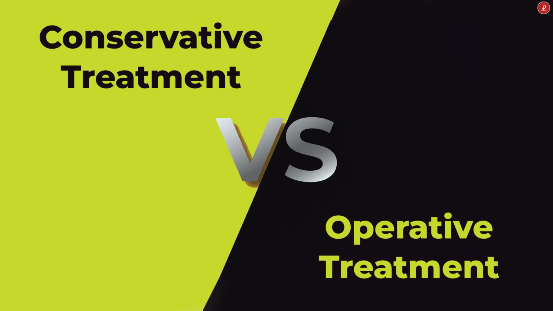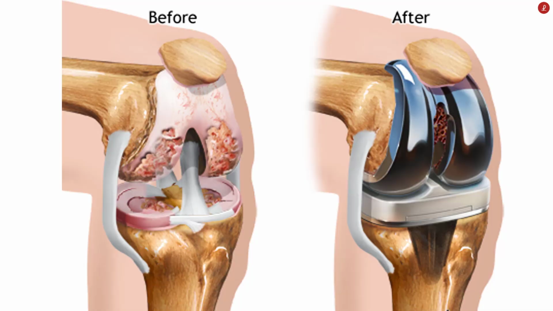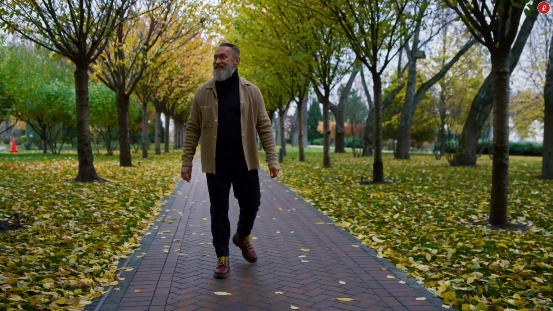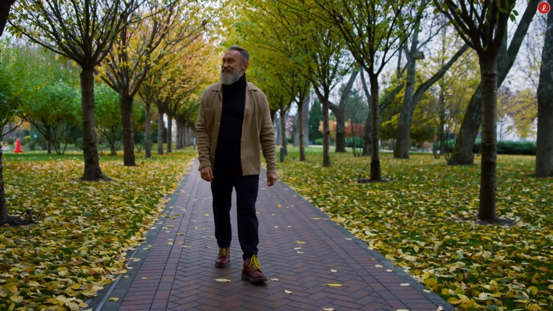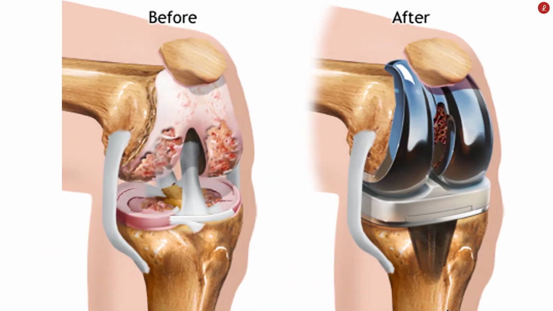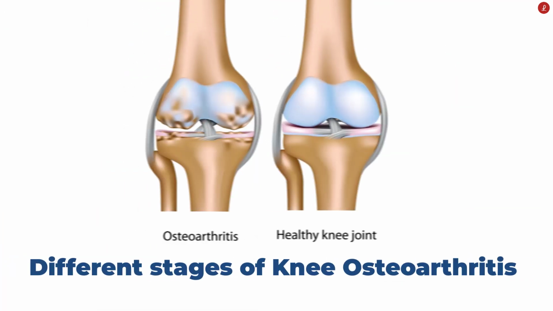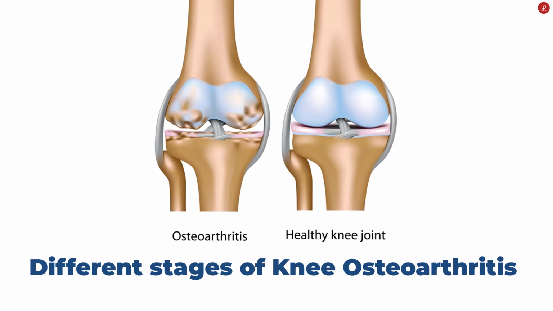At this point, there is always juggling going on between conservative treatment and operative treatment. Joint replacement surgery may be considered to improve mobility and quality of life in the most severe, most advanced stage. So that wraps up our overview of the clinical presentations of different stages of knee osteoarthritis.